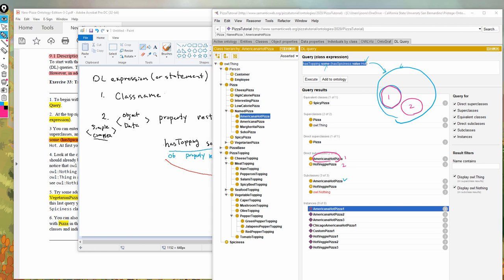For example, when you have an animal, right? So let's say the animal class, and in the animal we have dog, and then we have cat, and then we have bird, right? Probably many more, but dog, cat and bird are obviously subclasses of the animal, right?